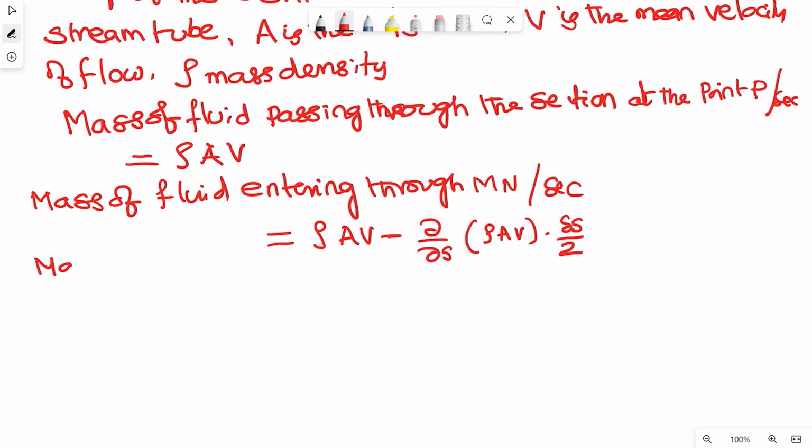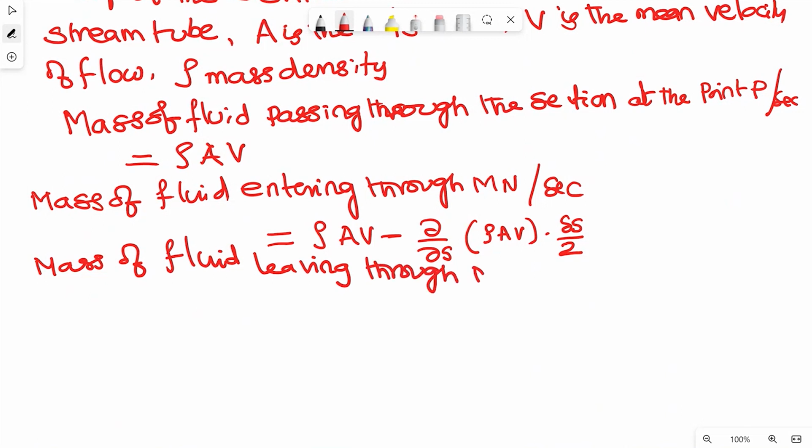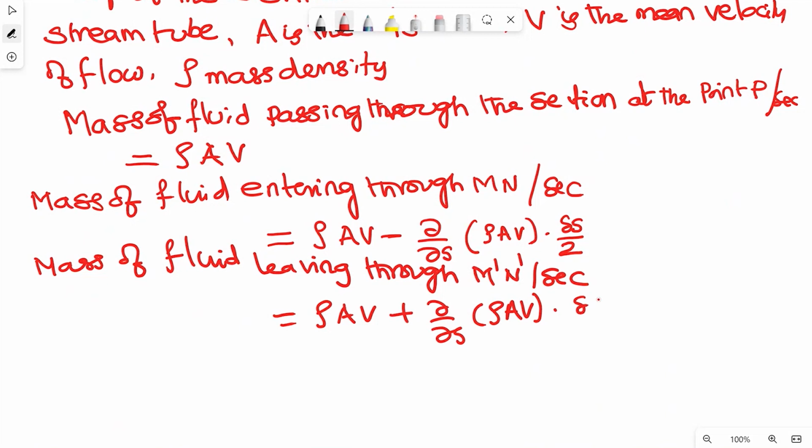Similarly, the mass of fluid leaving through M dash N dash per second is equal to rho AV plus dou by dou S of rho AV into delta S by 2.